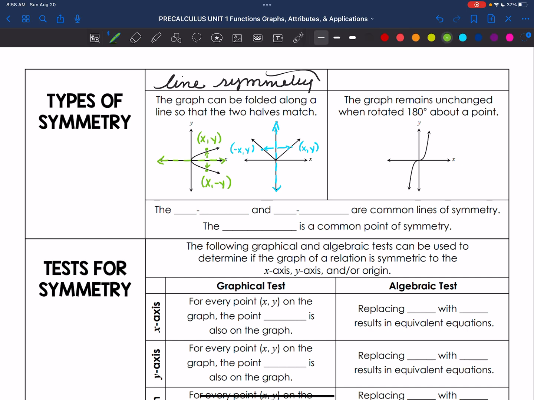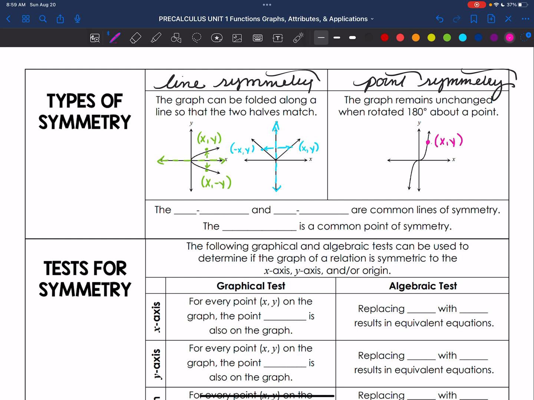Now the other type of symmetry that we can see is what is called point symmetry. With point symmetry, the graph remains unchanged when you rotate around a particular point. So let's say that this is the point x, y.